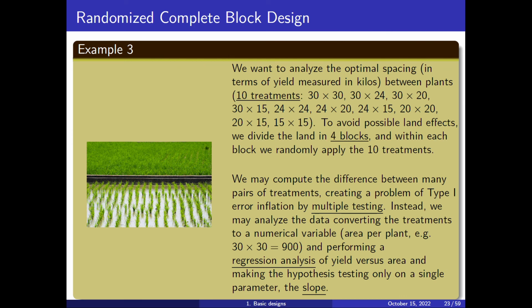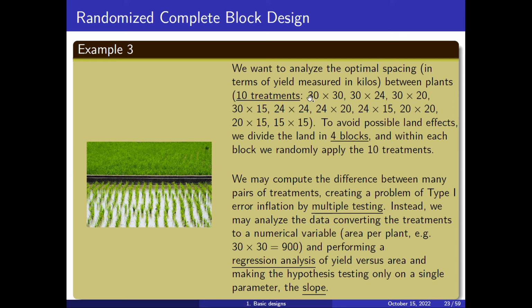And here we introduce another interesting idea. Let's say that you are looking for the optimal spacing between plants, and you want to see what is the yield of those plants, and you think that you will apply 10 treatments.